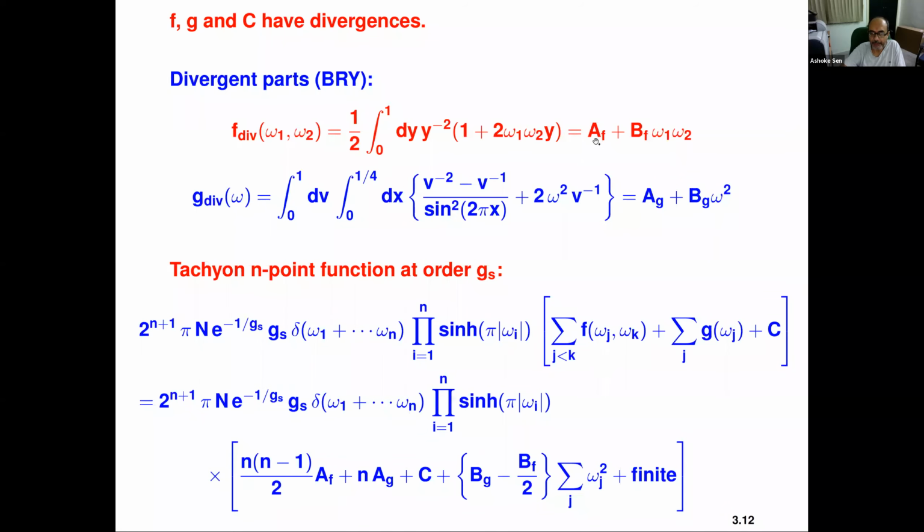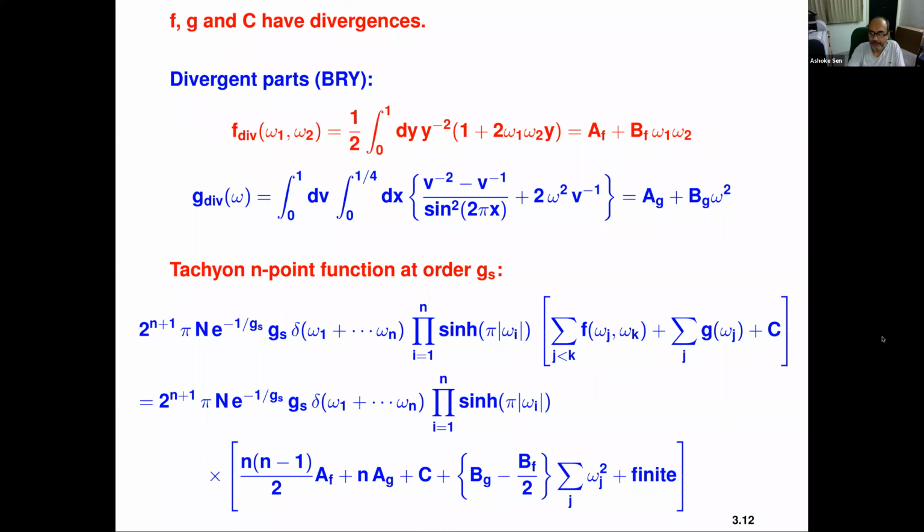So AF will appear n times n minus 1 by 2 times, right? So there you get n times n minus 1 by 2 times AF. Similarly, in this sum, G appears n times. So AG will appear n times, that's n times AG. C will always appear once. There is a unique diagram which contains this, where all the external particles are on the disk, and there is a separate disconnected component which has no external particles. So that's C.